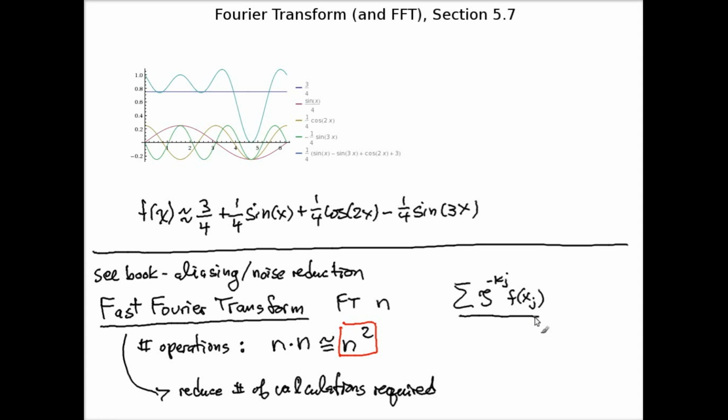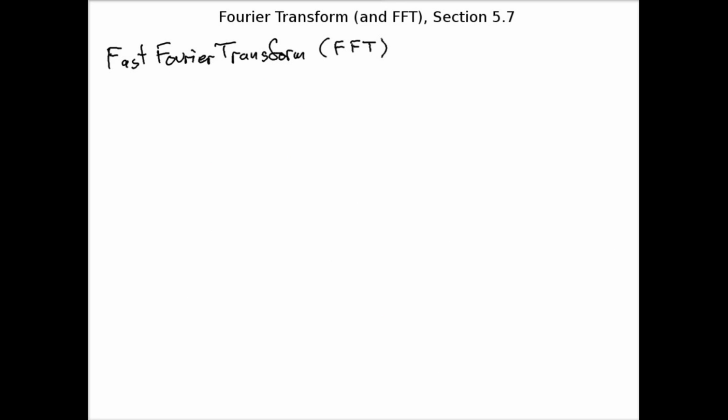It seems surprising that you can do it, but in fact, you can do extremely well, and it's crucial for modern applications. People do Fourier transforms on huge data sets, and without the fast Fourier transform, they'd basically be sunk. So let's talk about the fast Fourier transform, or FFT.